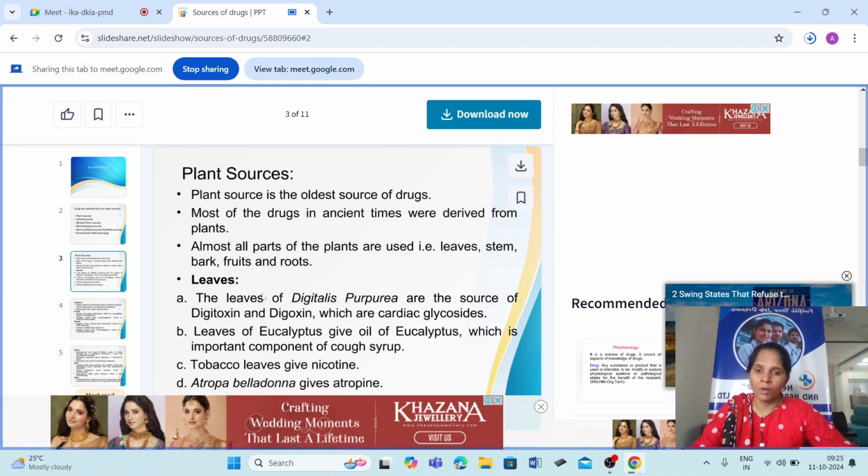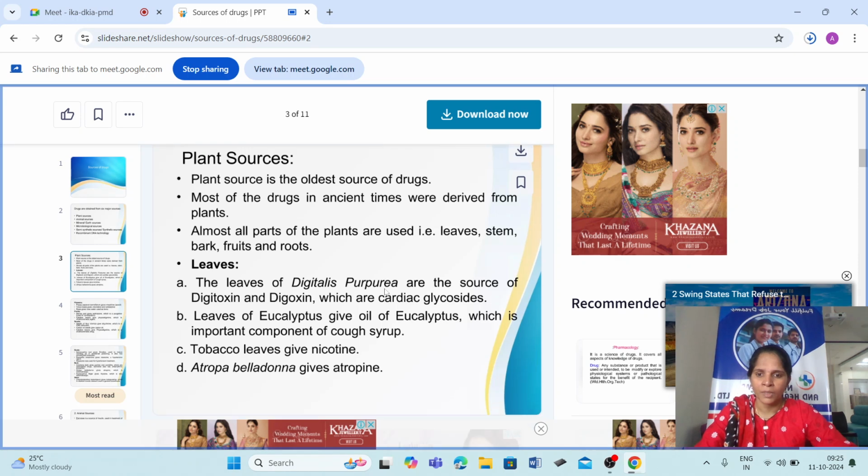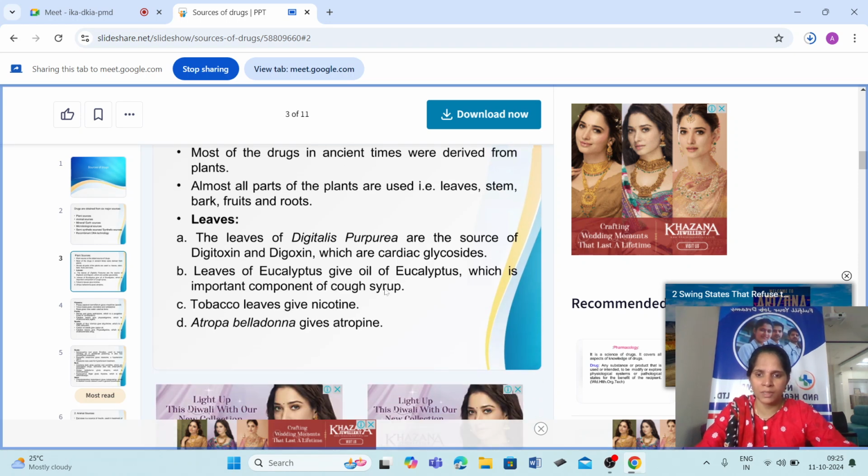Okay. And what are the different parts of the plant that can be used as a drug? Here we can use leaves, stem, bark, fruits and roots. These are the different parts of plants that you can use as medicine. For example, digitalis, you all know digitalis, right? It's a cardiac glycoside. We even call it digitoxin or digoxin.